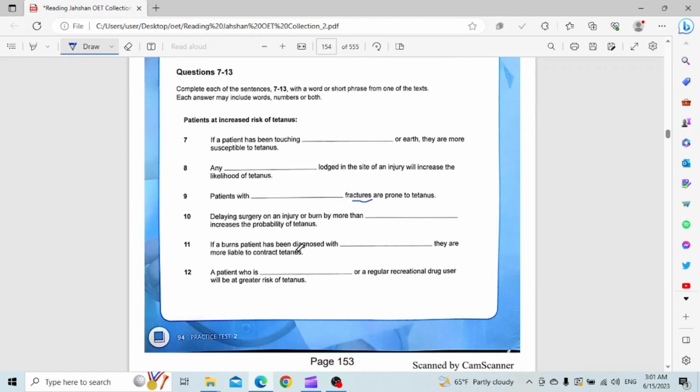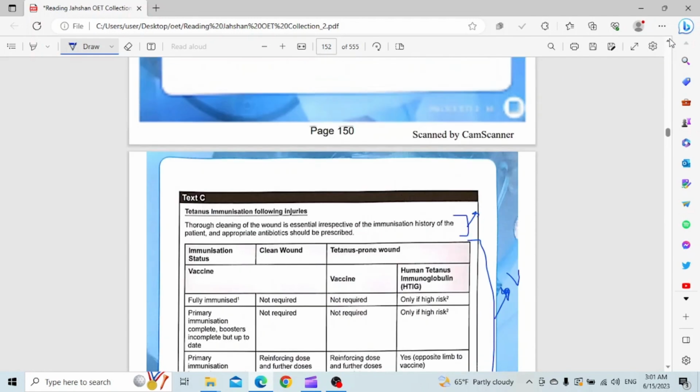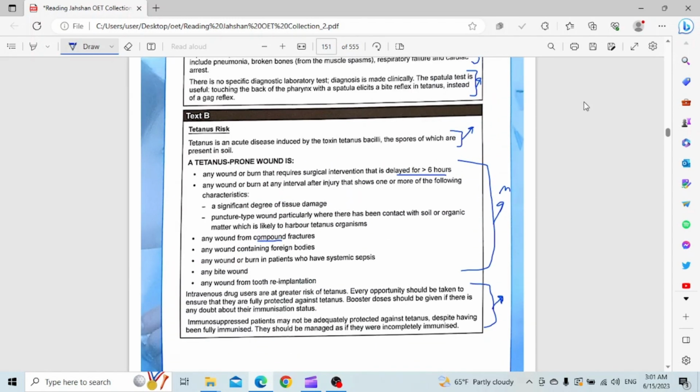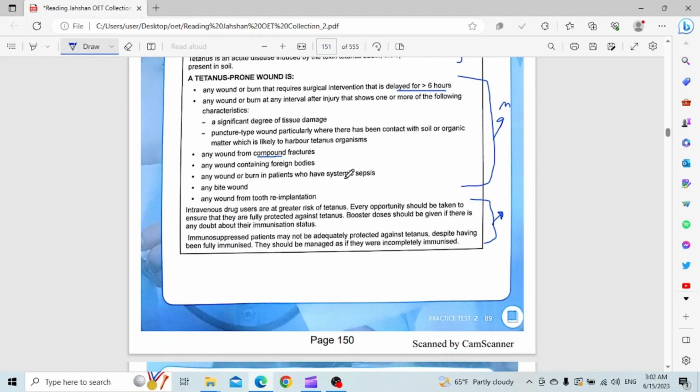If a burns patient has been diagnosed with what, they are more liable to contract tetanus. So it's also mostly in text B. What they have been diagnosed with will make them more liable to get tetanus.